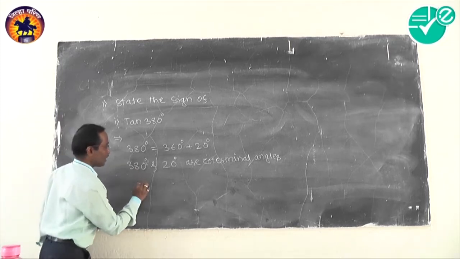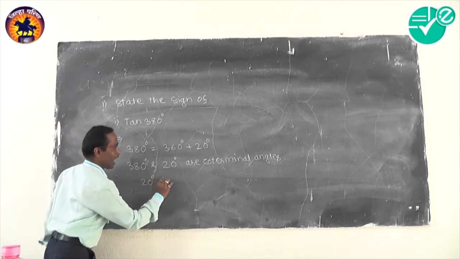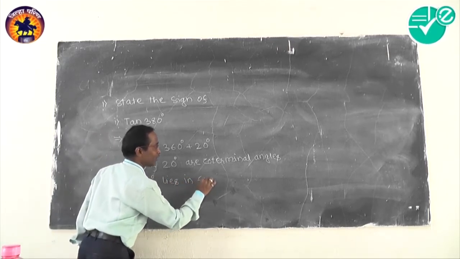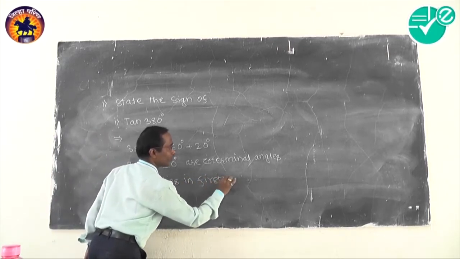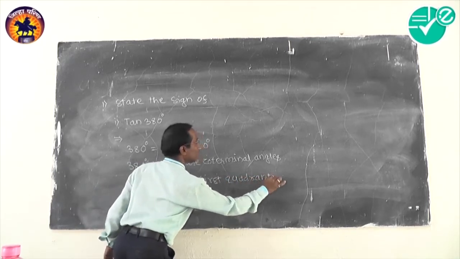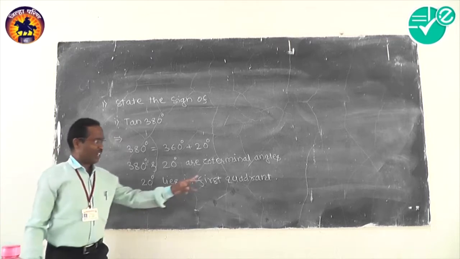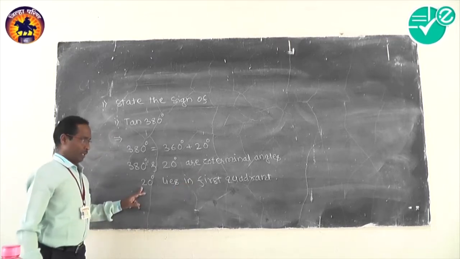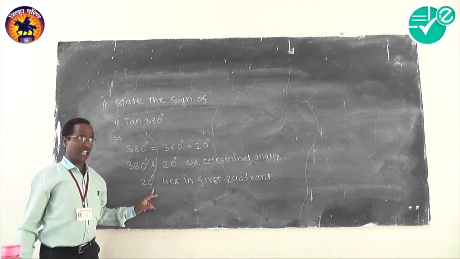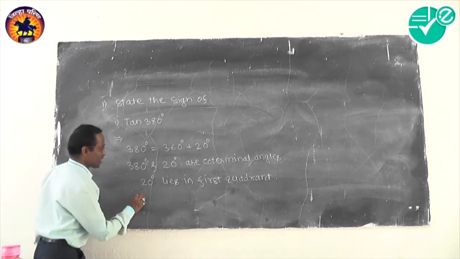Now 20 degree lies in first quadrant, means tan 20 degree is positive in first quadrant.